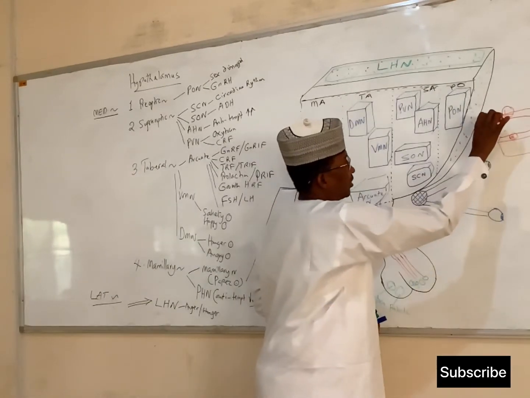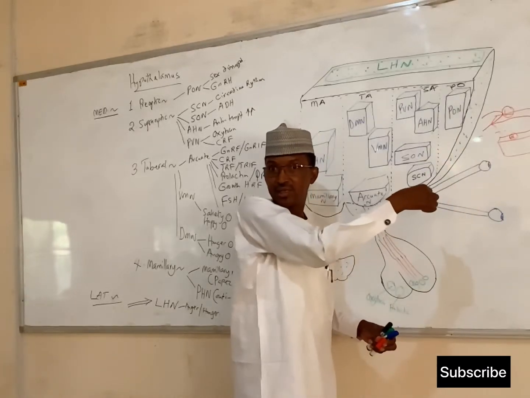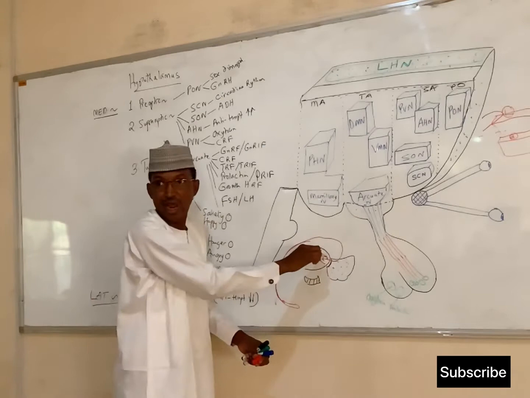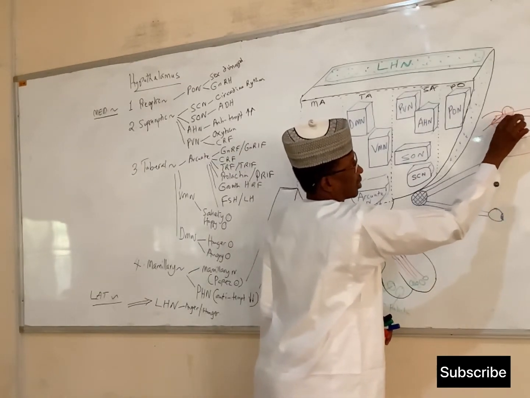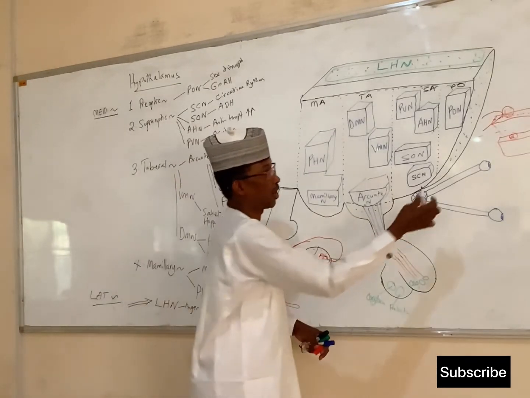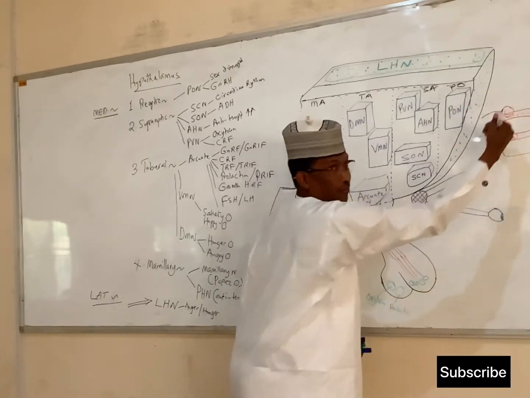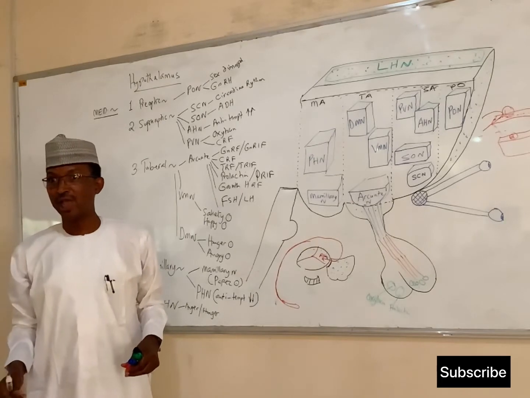The entrance of this fornix, through the hypothalamus into the thalamus, now divides this sheet virtually into two aspects. So you have the medial half and the lateral half of the left half of the hypothalamus. Are you clear?